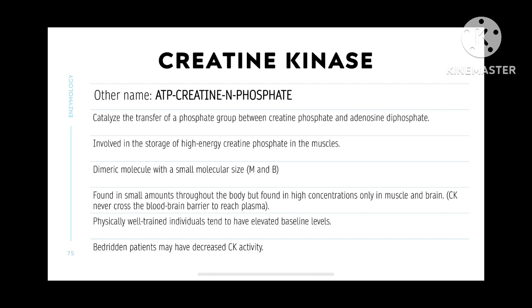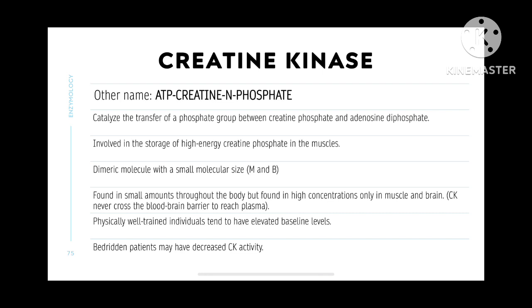Its predominant physiologic function occurs in muscle cells, where it is involved in the storage of high-energy creatine phosphate. Every contraction cycle of muscle results in creatine phosphate use with the production of ATP. This results in relatively constant levels of muscle ATP.